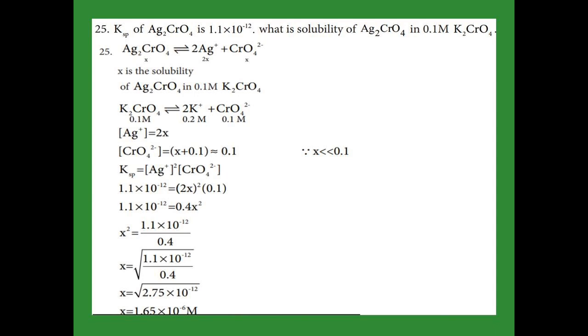The solubility product given in the problem is 1.1 × 10^-12. Put that number there, and Ag+ is 2x from the first equation, so (2x)^2, and chromate is approximately 0.1. After calculating we get the x value, that is the solubility. The solubility of silver chromate is 1.65 × 10^-6 molar.